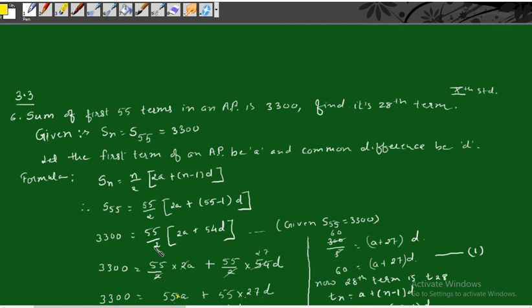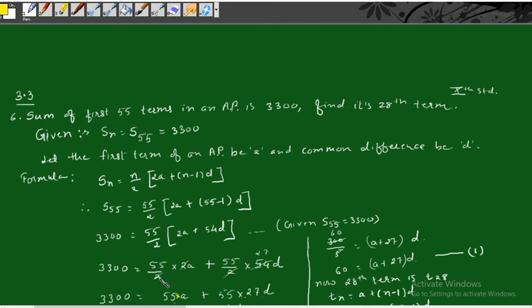Okay, as S55 is 3300, so instead of S55 I write down 3300. Okay, now see, while opening the bracket, this 55 upon 2 can be multiplied by the first term and also with the second term. So 3300 is equal to 55 upon 2 into the first term, that is 2A, plus 55 upon 2 into the second term, that is 54D.